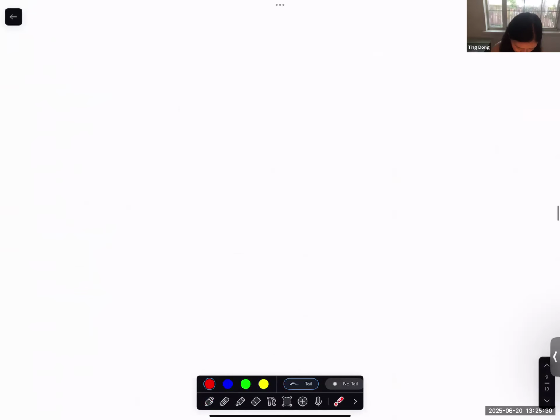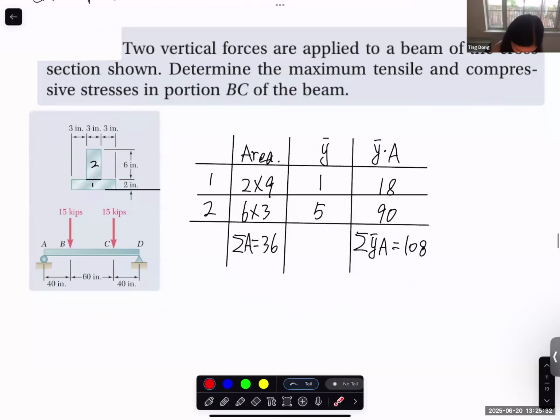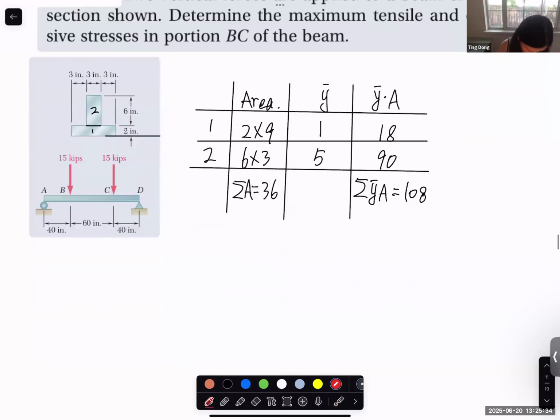And this is the location of the centroid in the y direction. So back here, let's use uppercase Y bar times A equal to the sum over the entire area.